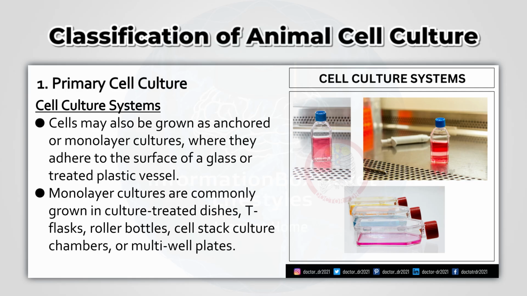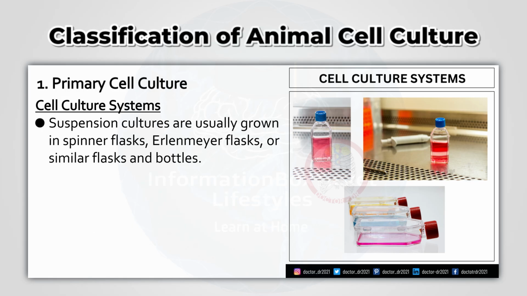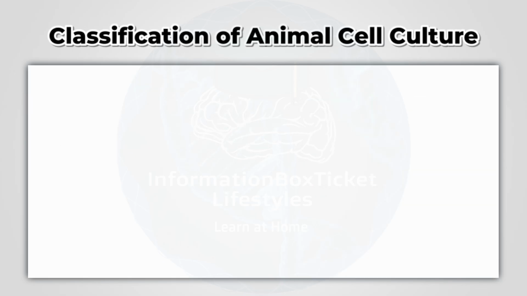Monolayer cultures are commonly grown in culture-treated dishes, T-flasks, roller bottles, cell stack culture chambers, or multi-well plates. Suspension cultures are usually grown in spinner flasks, Erlenmeyer flasks, or similar flasks and bottles.